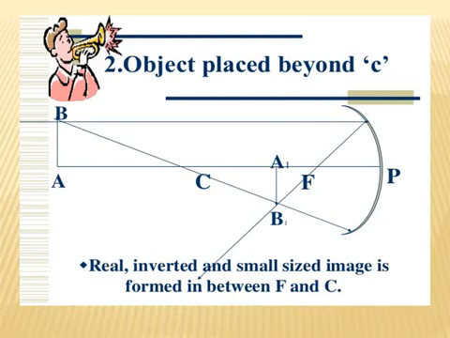They intersect at a point A dash B dash, or A1 B1. So A1 B1 is the image formed for this object. The image formed is real because it is formed on the left side, inverted and smaller than the object.